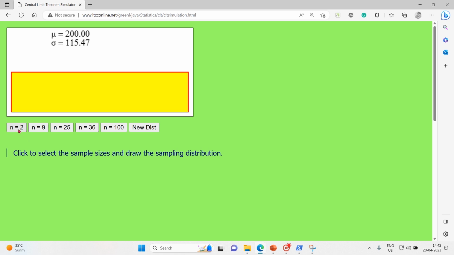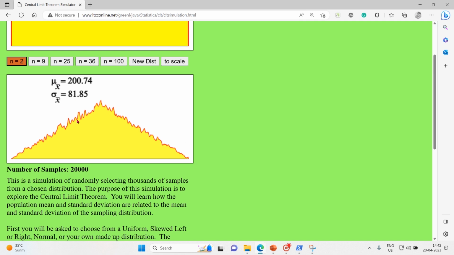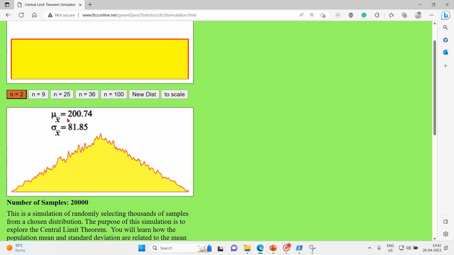We will begin with a sample size of n equals 2, and this is the shape we got. The total number of samples used is 20,000, and the mean of this is 200.74, and the standard deviation is 81.85.